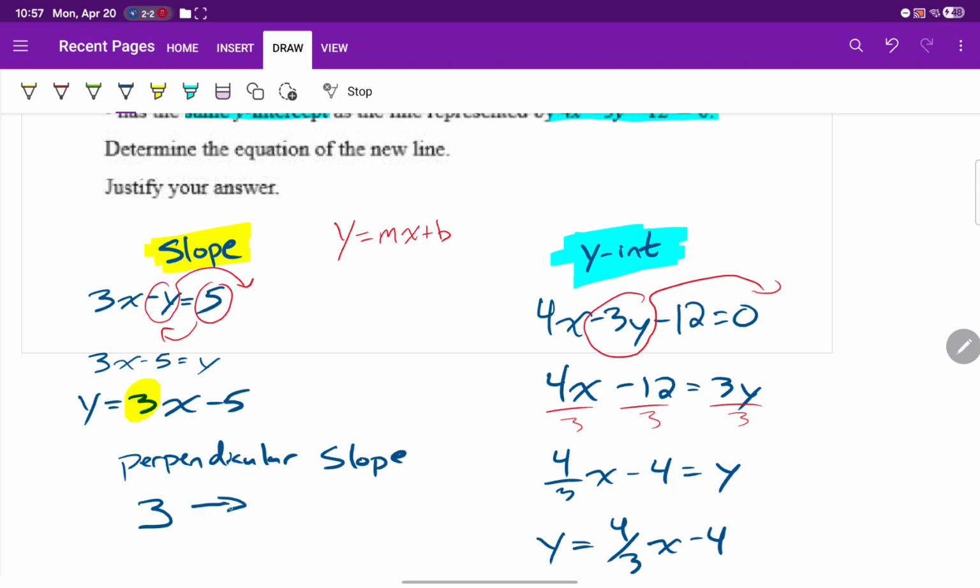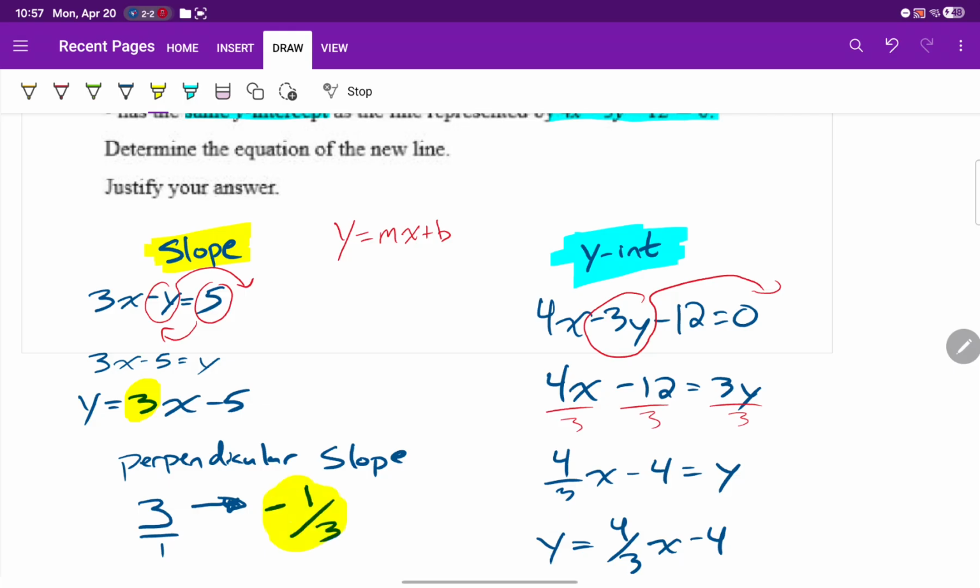The negative reciprocal becomes negative, and we flip the fraction. It was 3 over 1. It becomes negative 1 over 3. So this is the slope of my new equation.